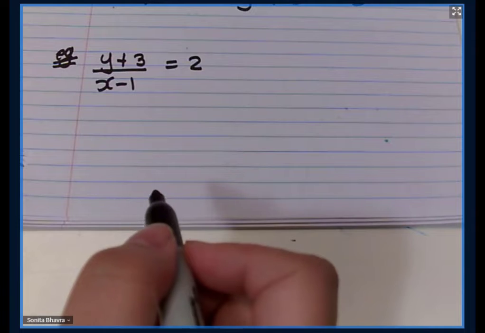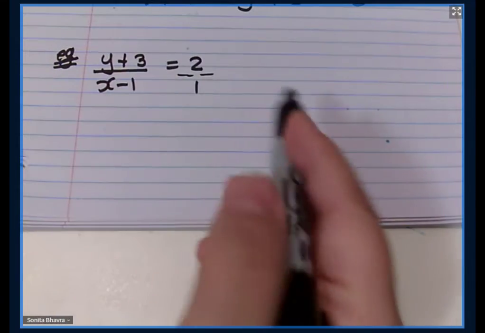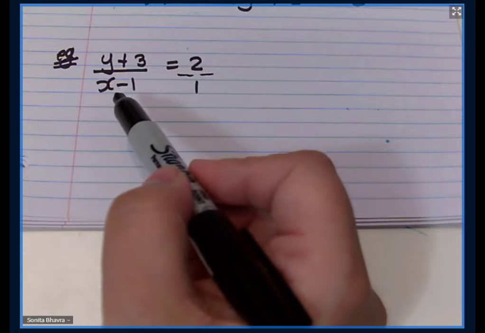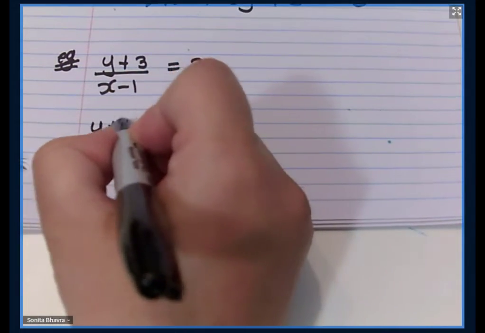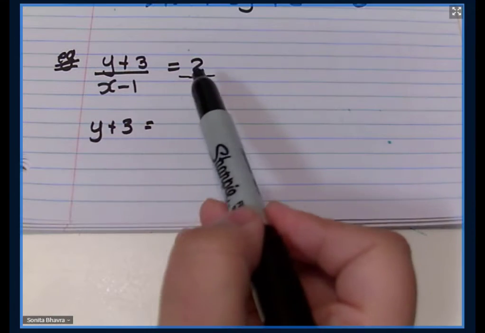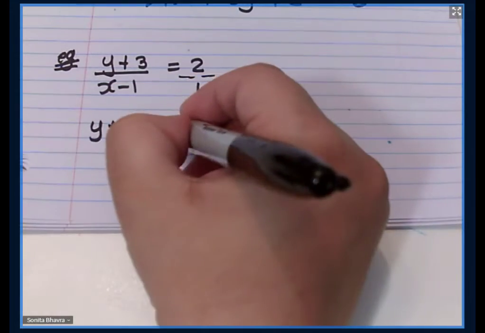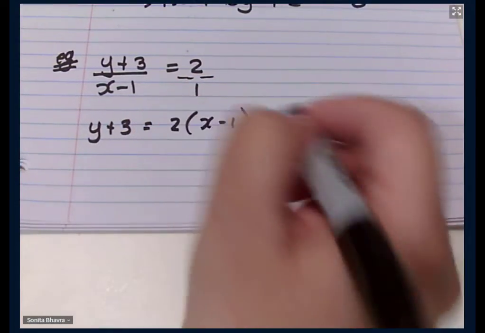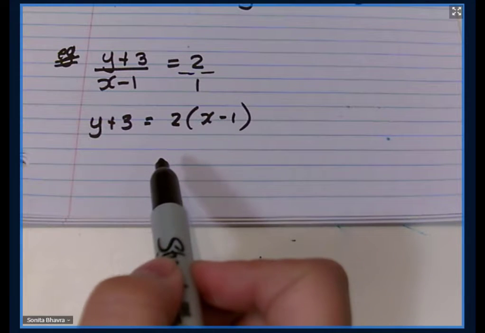So we can use cross multiplication. So just assume that this is over 1, and we'll just use cross multiplication. So y plus 3 times 1, that's just y plus 3. And then we cross multiply these two, so 2 times x minus 1. All right, so we end up with this equation here.